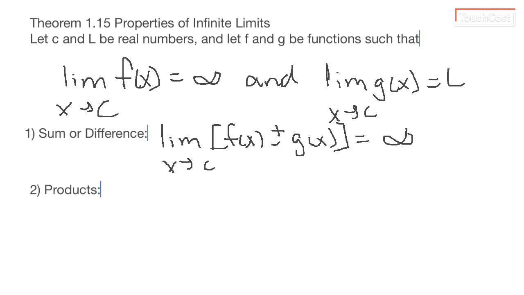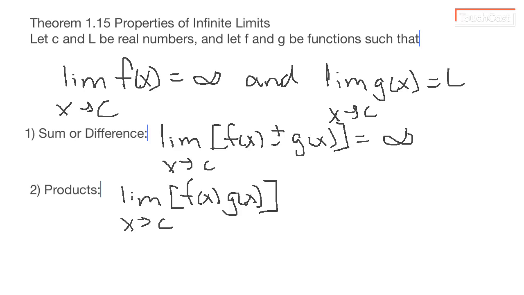Here we have two scenarios. We have the limit of f of x times g of x as x approaches c. It's equal to infinity when L is greater than 0.